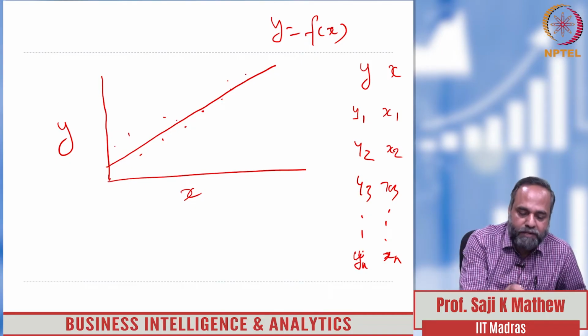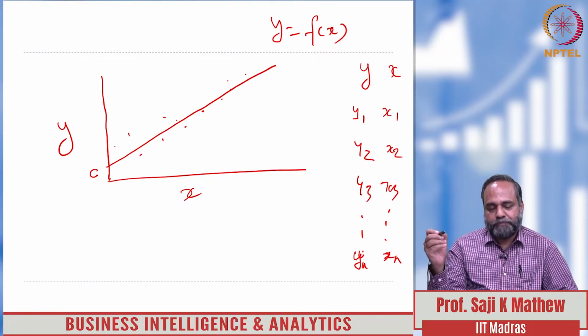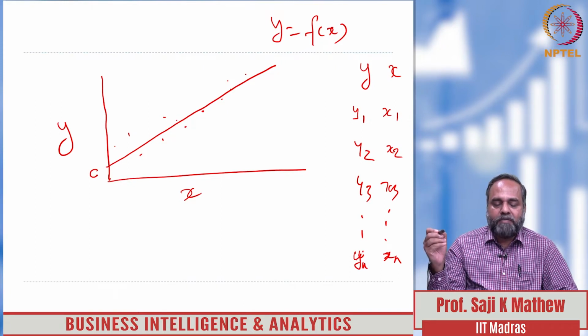We know that this is the C and the slope of the line is B. Now the question is, how do we arrive at that? How do we determine the values of B and C? What is the principle?